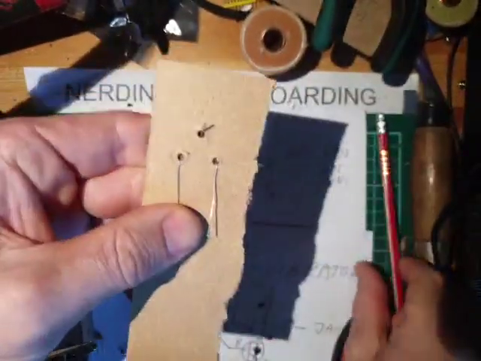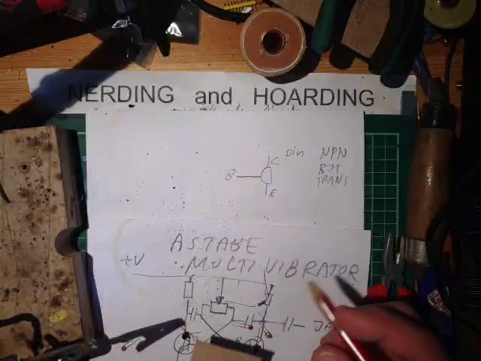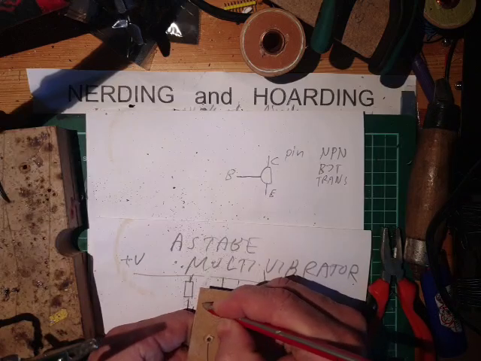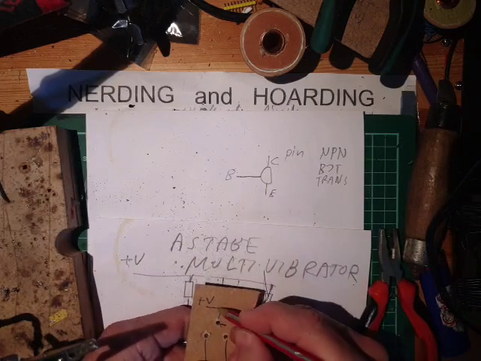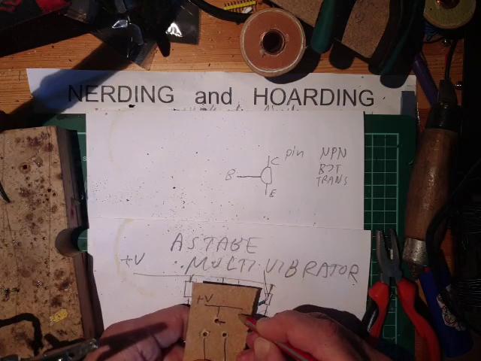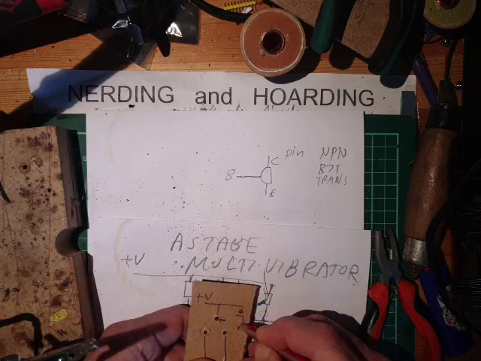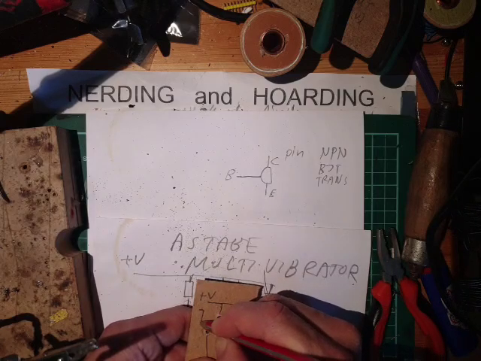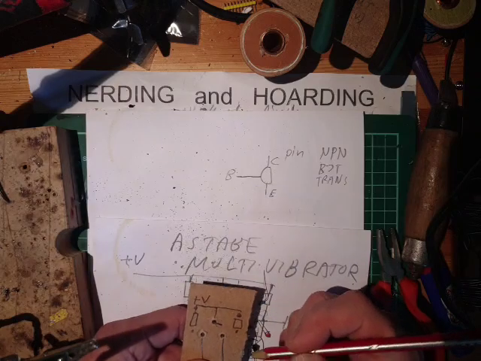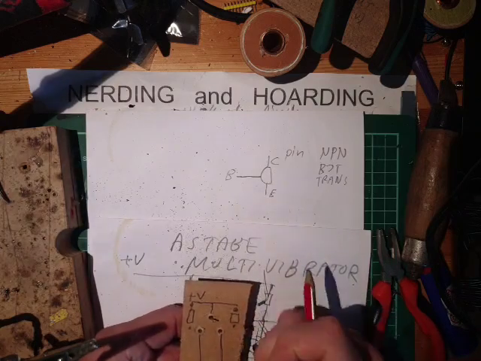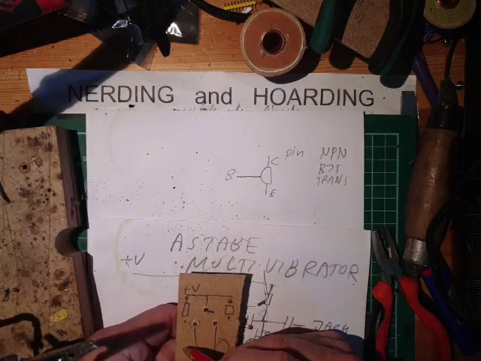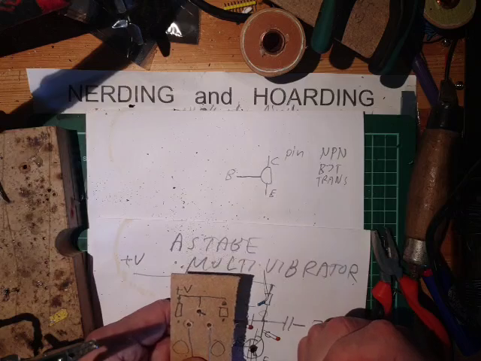So what we do now is we draw this on here so we know what goes where. So plus voltage goes here, and here we need a little hole there, and here's a resistor, here's another resistor, little hole there. Oh no, we don't need the holes because we do everything on here and then just glue it together. Alright, so that will be right.